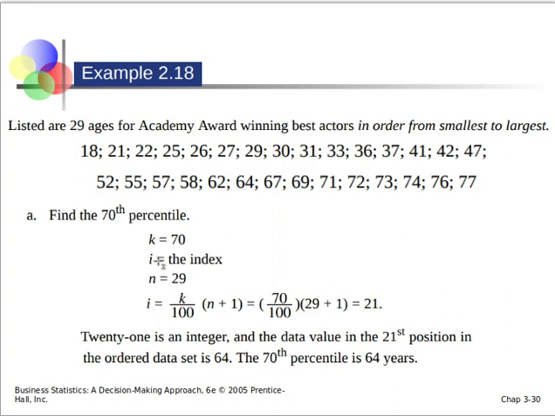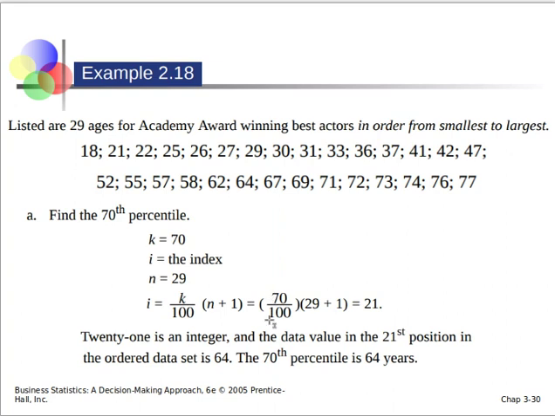So I is the unknown here. So you can get the value of I from this formula, where K divided by 100 multiplied by N plus 1. By substitution, K is 70.